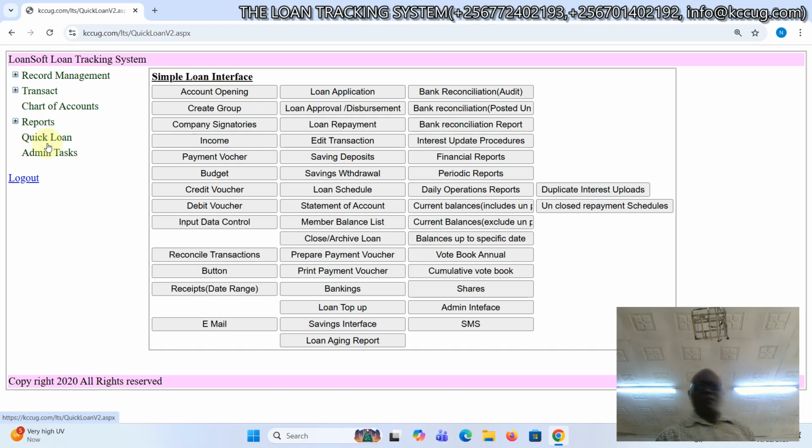That is what brings us to the payment voucher, because we don't have a direct option of bank withdrawal. But if you are going to withdraw money from the bank, there must be a voucher to authorize that withdrawal. And this system is going to prepare that voucher for you. So use this option of prepare payment voucher.